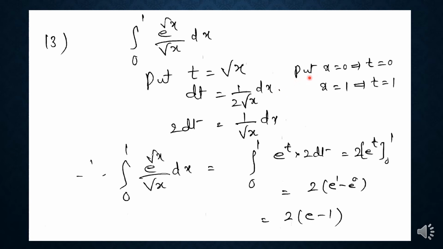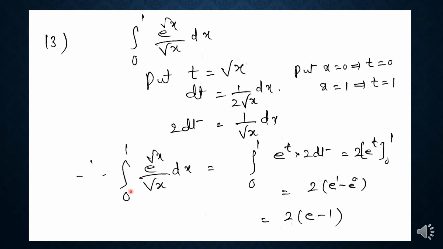If we put x is equal to 0 in t is equal to root x, t is equal to root 0, that is 0. If we put x is equal to 1, the upper limit, t is equal to root x, that is t is equal to 1. Then while we change the variables, we also change the limits.